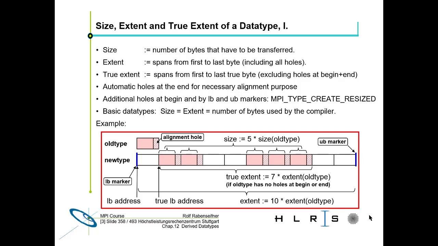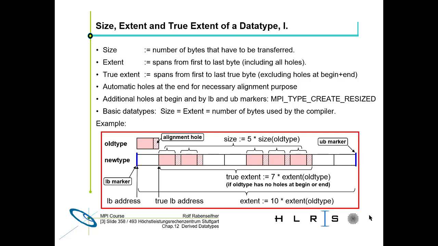The true extent spans from the first to the last true byte, so that would exclude the holes at the beginning and the end of the type.